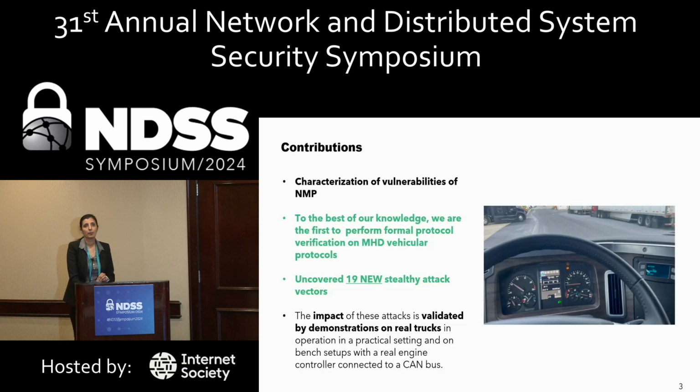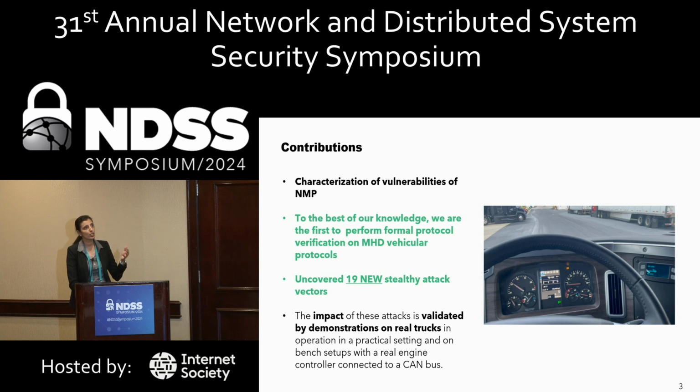In this paper, we characterize the vulnerabilities of the name management protocol. We uncover 19 new stealthy attacks, and to our knowledge, we are the first to do formal security verification on medium and heavy duty vehicular networks.